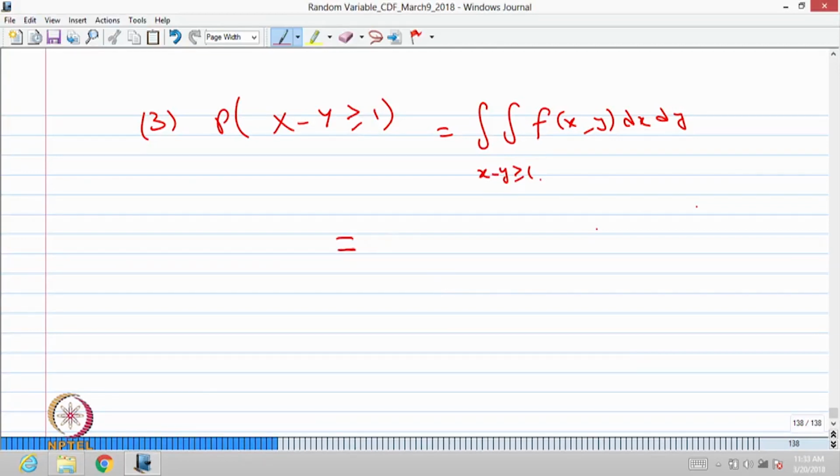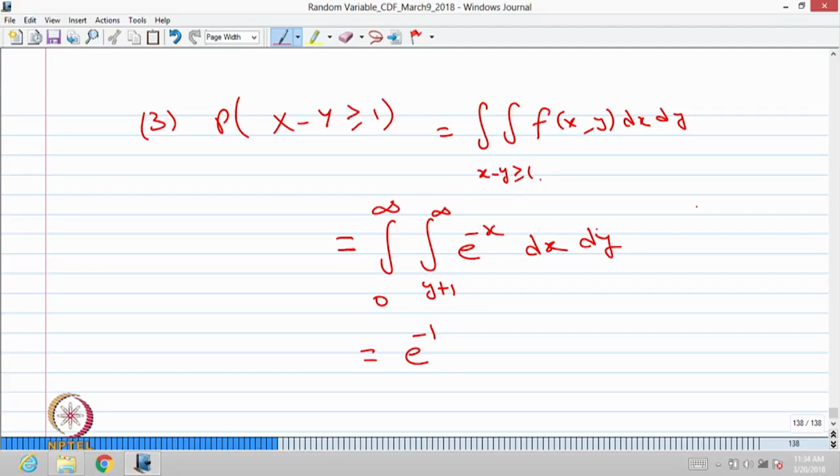That is the same as the double integration of e power minus x with respect to x, where the x range is from y plus 1 to infinity and the y range is from 0 to infinity. If you do the simplification, you will get e power minus 1.